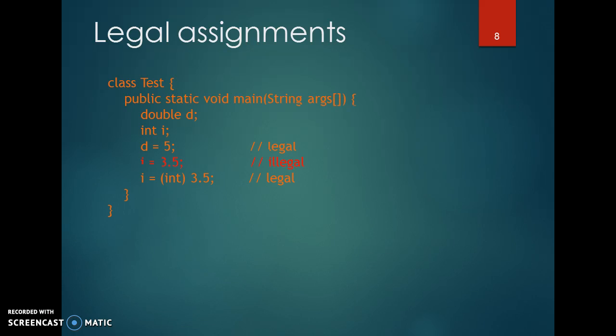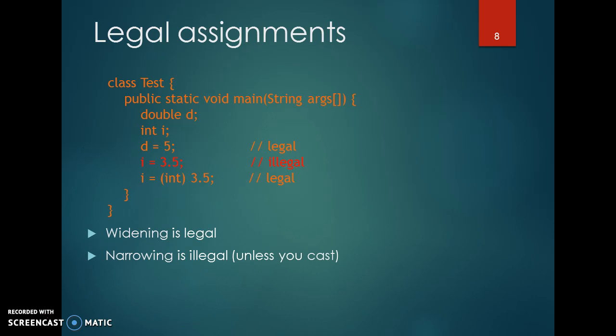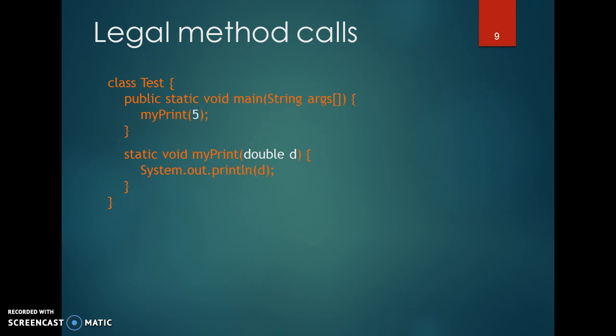Now we are going into the details of some legal assignments. What do we mean by legal? If I am trying to assign a value 3.5 to an integer variable, that will be an illegal assignment. Widening is legal, but narrowing is not legal. Here you see that the myPrint method is supposed to take one double parameter.